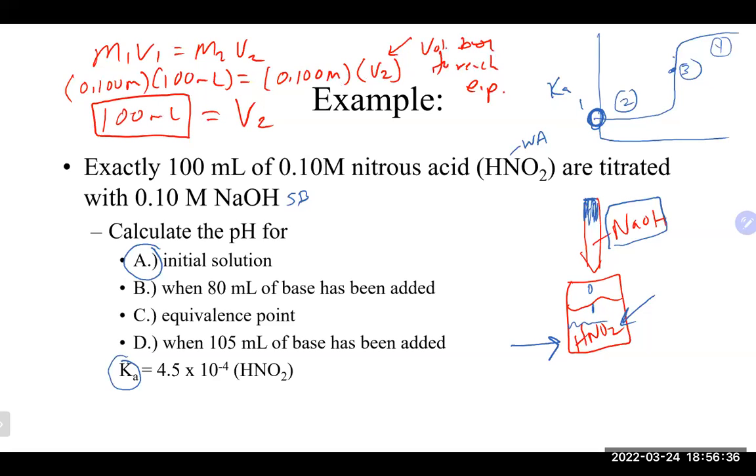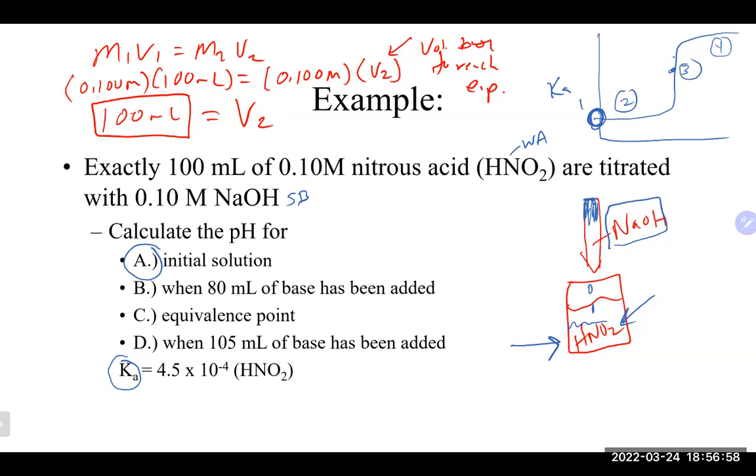So that's one way you can figure out the volume to get yourself to the equivalence point. You would need to add 100 milliliters of our sodium hydroxide here to do that. Also, as I mentioned before, the molarities here are the same, and it is a one-to-one relationship, which means you need the exact same amount of volume to get to the equivalence point, which is what we see here in the calculation.